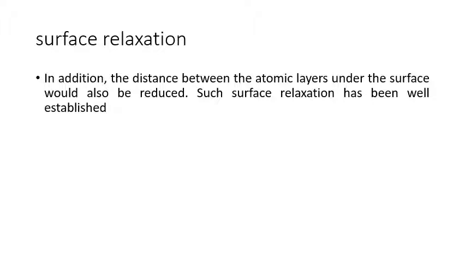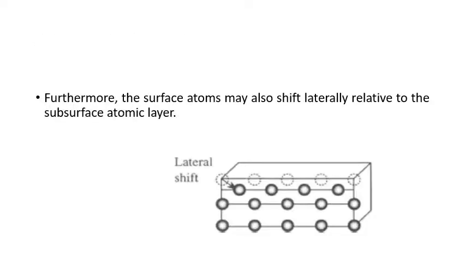Of course, the surface may not be changed, but some deformation or size change takes place here. Here we have discussed the shift perpendicularly, but the surface atom may also be shifted laterally relative to the subsurface atomic layer.